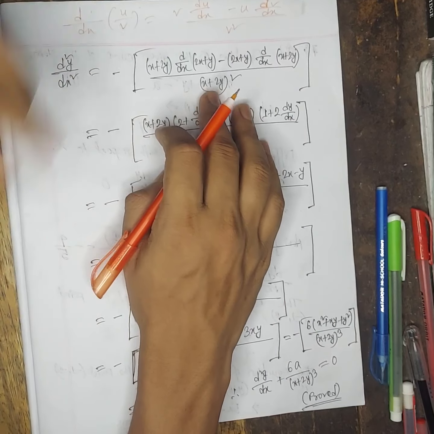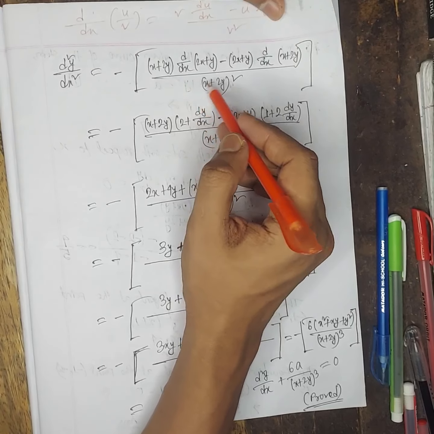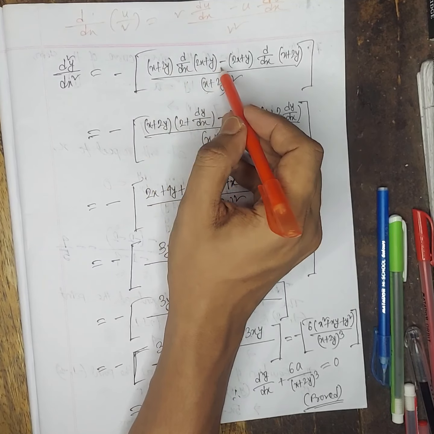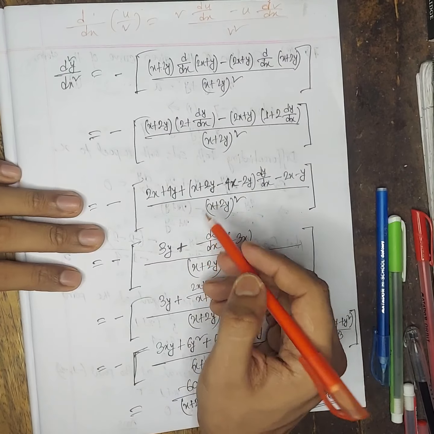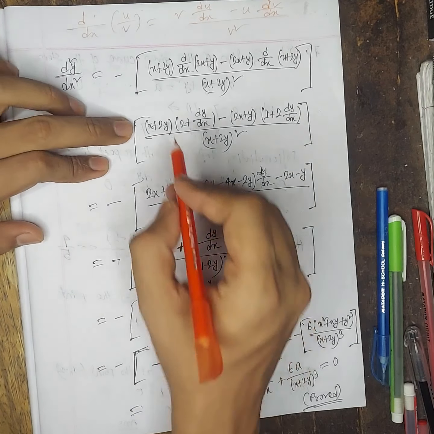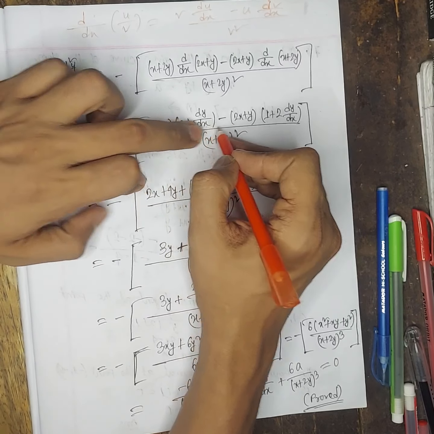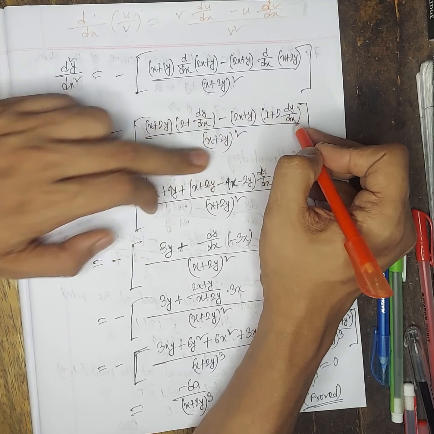Okay, we use this formula here. Again we get (x plus 2y) times (2 plus dy by dx) minus (2x plus y) times (1 plus 2 times dy by dx).